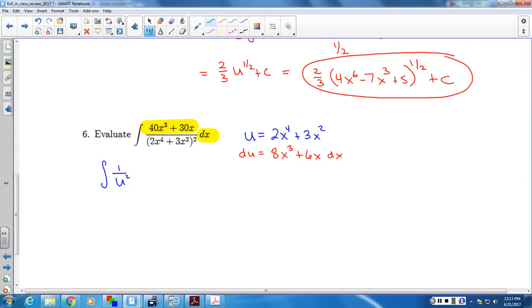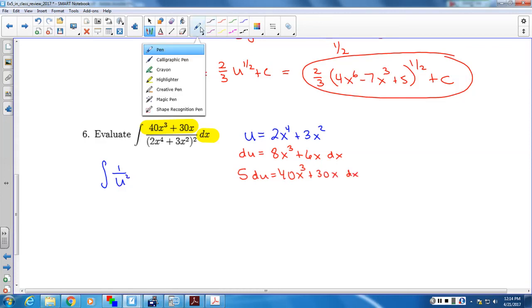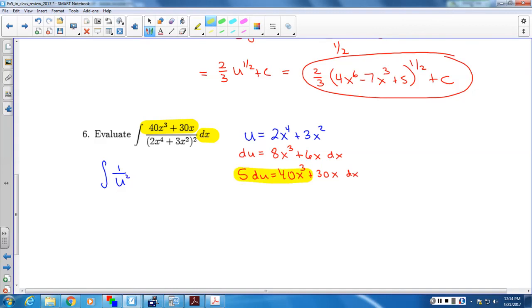What I need it to be is 40x cubed plus 30x. So I need it to be exactly 5 times what it already is. So I'll multiply both sides by 5. And now I have an exact substitute. In its place, I will put the 5 du. Then on the next step, I'll pull my 5 out.